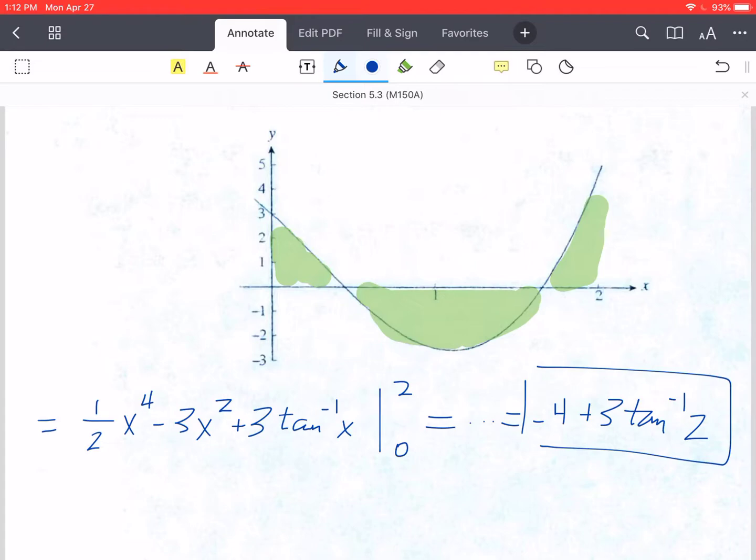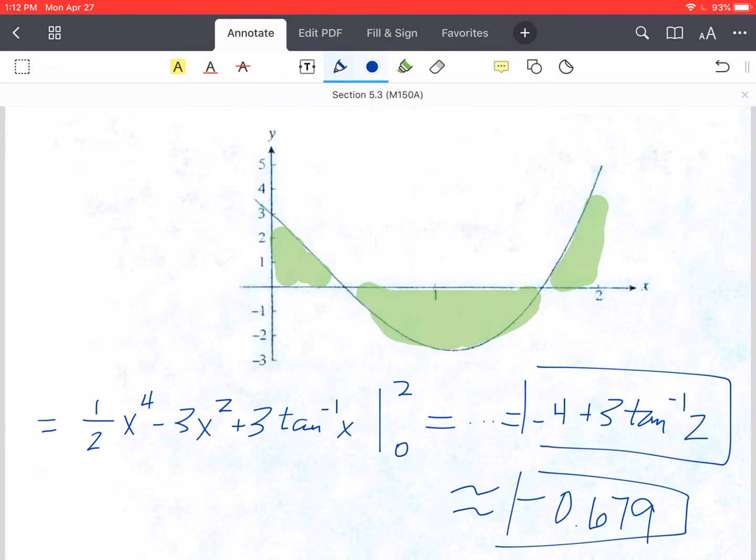And if we can just plug and chug this number in a calculator, we get this is approximately -0.679. Okay, so that would be our approximate value. Again, when we're doing calculations, exact answers are always better, but just to get an idea, the visual of what's happening here, it is a negative area. It's only slightly negative. So, all right.